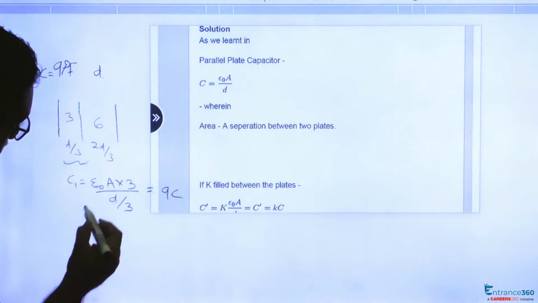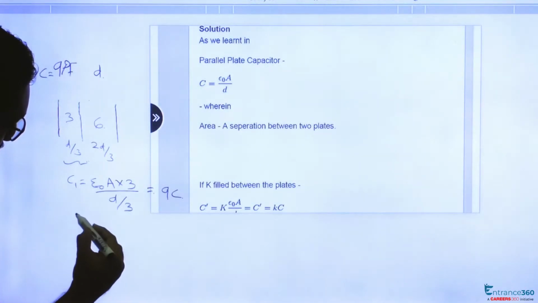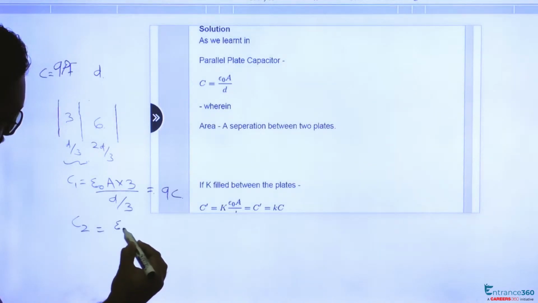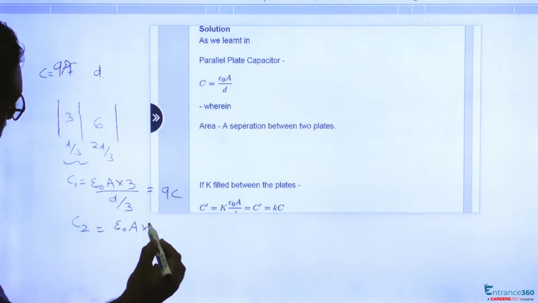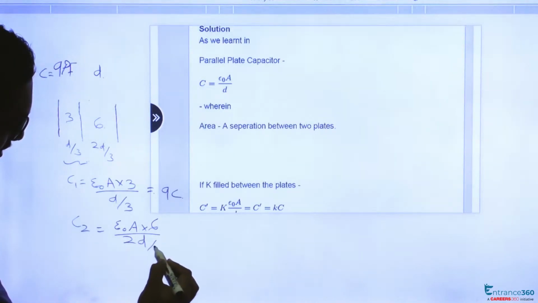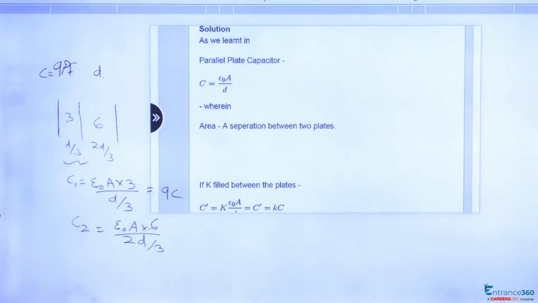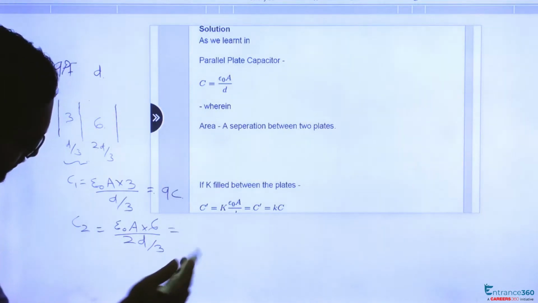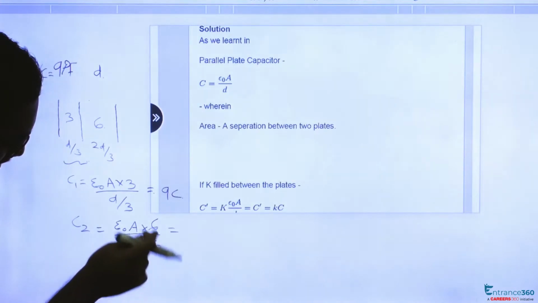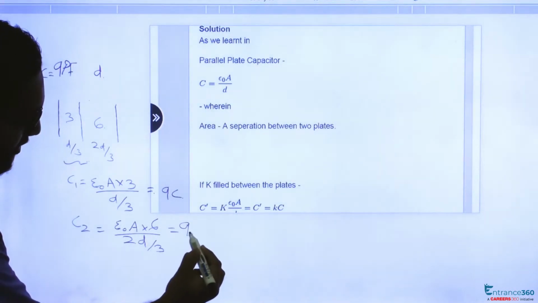Now for part 2, C2 equals epsilon 0 A into dielectric constant value divided by 2d by 3. So which will again give 6 by 2 is 3, 3 into 3 is 9, again it is 9C.